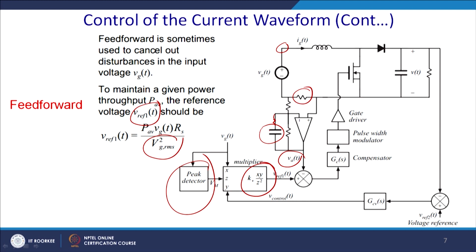In most practical cases, if you use IGBT, then frequency is restricted to around 5 kilohertz. Then you can take this RC bandwidth as basically 1 by 10 kilohertz, that is actually 10 microsecond.